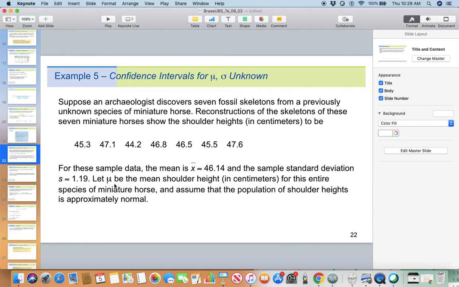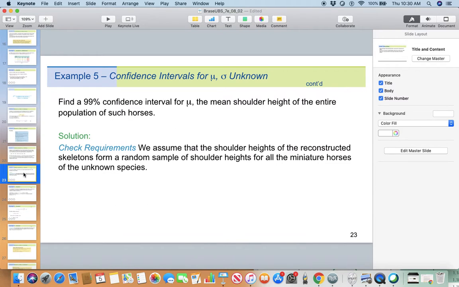Now, let mu be the mean shoulder height for this entire species of miniature horse. Assume that the population of shoulder heights is approximately normal. Then find a 99% confidence interval for mu. All right. Now you have to check the requirements.